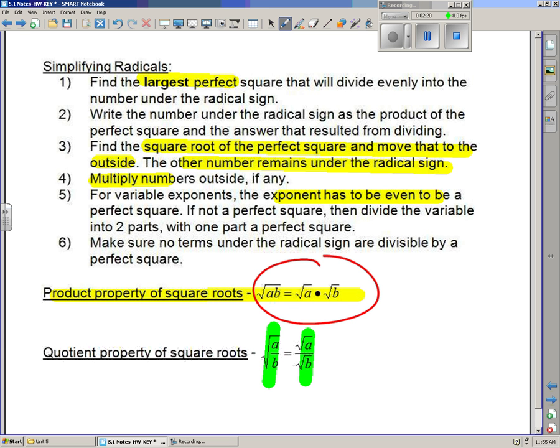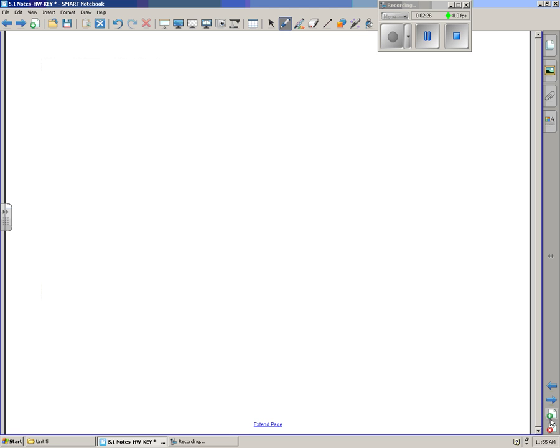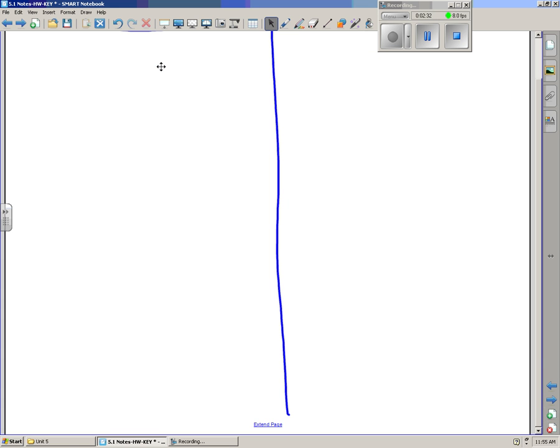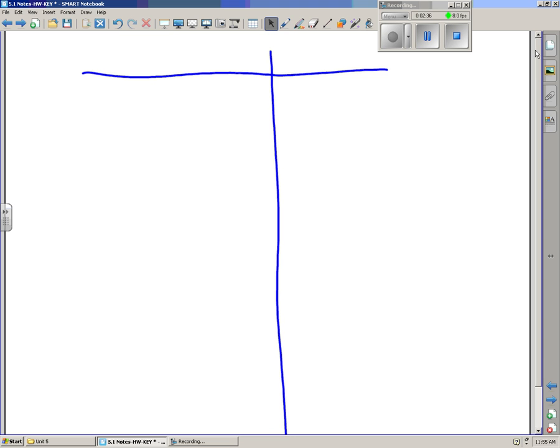What's really important to know is the square root chart. And the idea is this, and we're going to put a blank sheet of paper up here. If you were to give yourself a T-chart, and then you were to write all of the counting numbers, let's say from 1, 2, 3, 4, 5, 6, 7, 8.